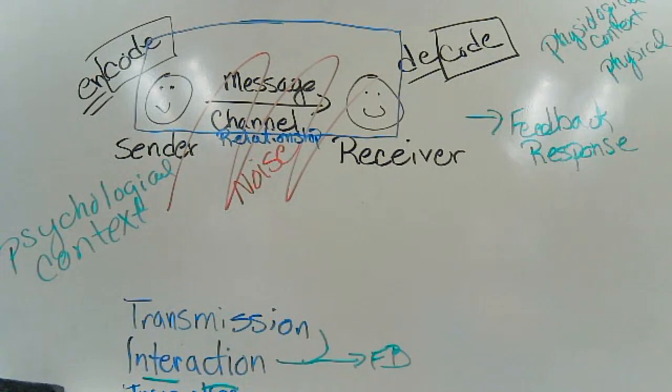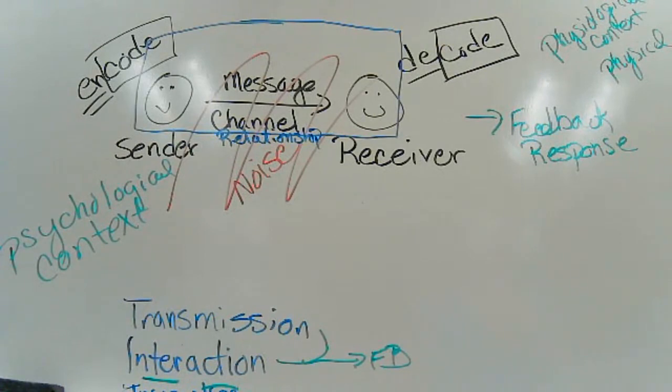How you communicate with your significant other is very different from the way you communicate with a professor, all right? So that's what we mean by a relationship. And oftentimes when we're trying to understand what's working within the conversation is to look at what's the relationship that the people have with each other.